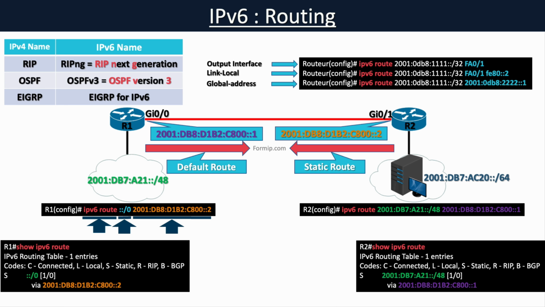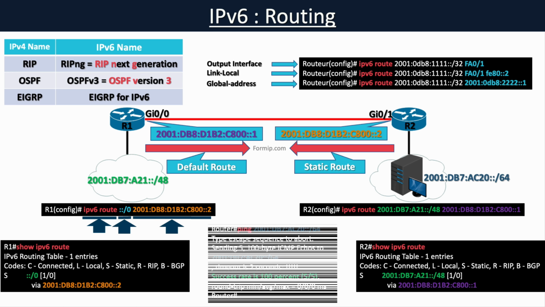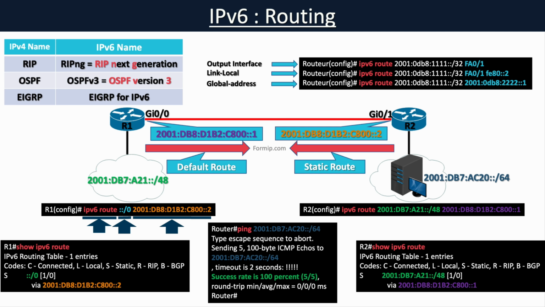And on router 1, we can see the static route configuration, which is represented by ::/0. And it points to the Gi0/1 interface of router 2, which carries the IP 2001:DB8:D1B2:C800::2. If we ping from router 1 to the server at the other end, we see that the default route works fine.